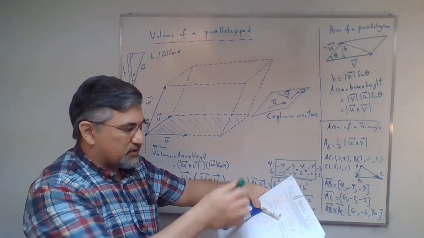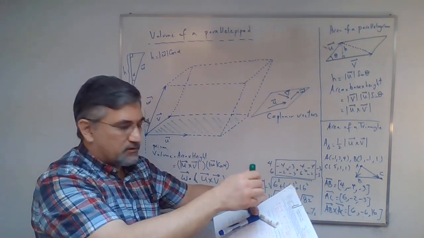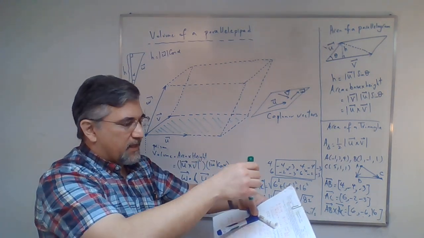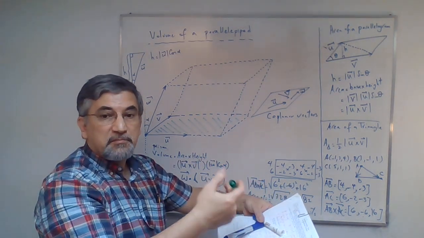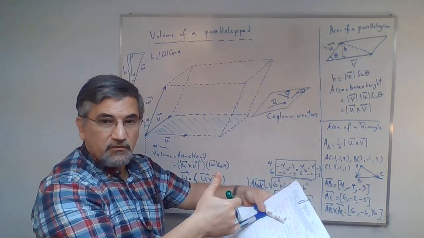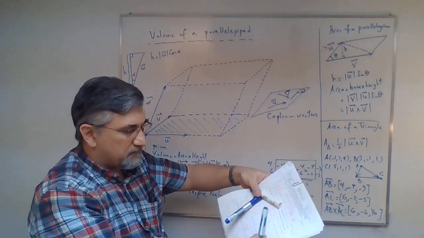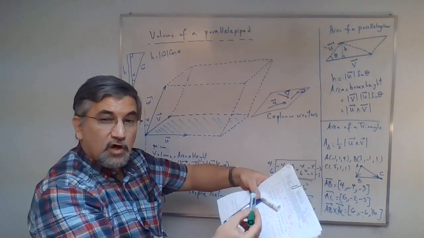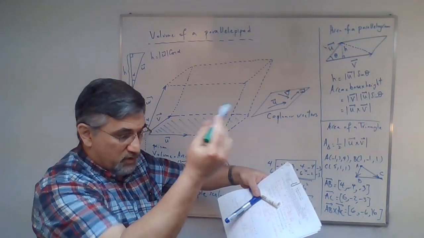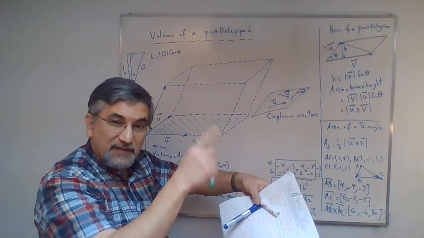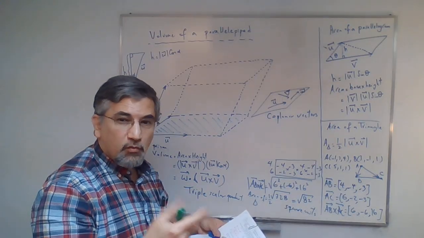Why is it like that? Because the cross product vector is perpendicular to the plane. And when it's perpendicular to the plane, it will be perpendicular to any vector in the plane, including that third vector. And when you find the dot product of that cross product vector with the third vector, and that dot product happens to be 0, what does that tell you?